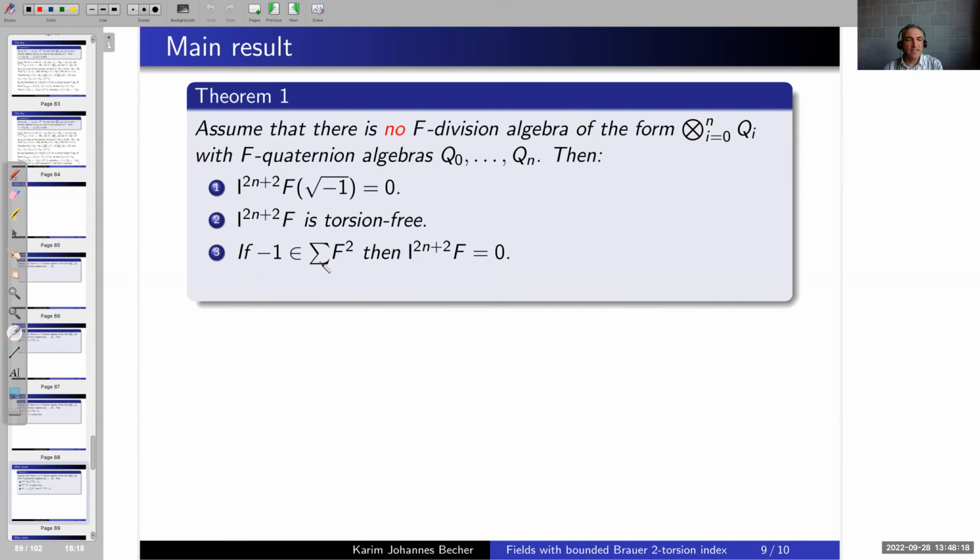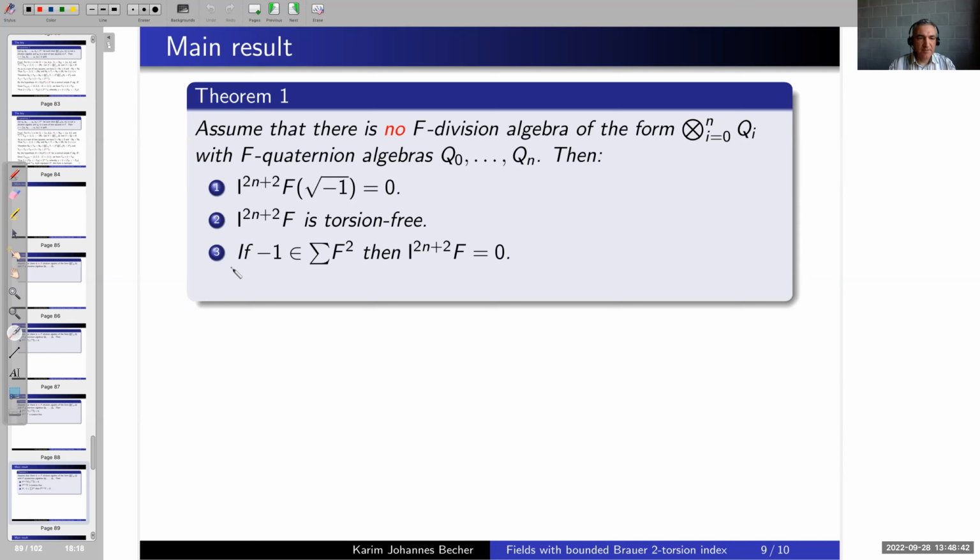So if -1 is a sum of squares, then our assumption already implies, this follows directly from translating 2 for a non-real field, that this power is 0. So this is basically answering the question that I had a couple of pages before in the context of Kahn's observation.